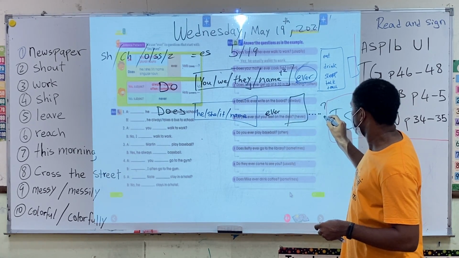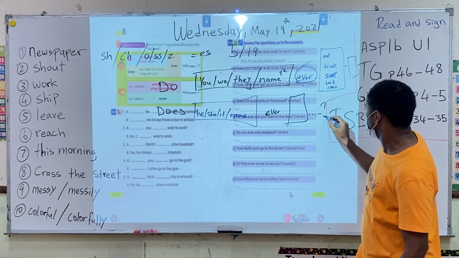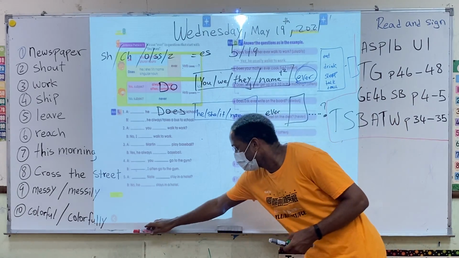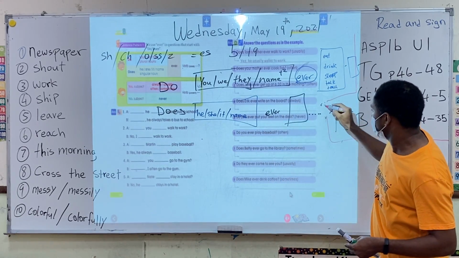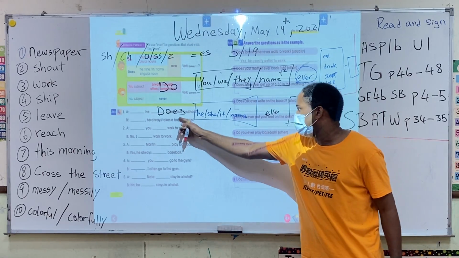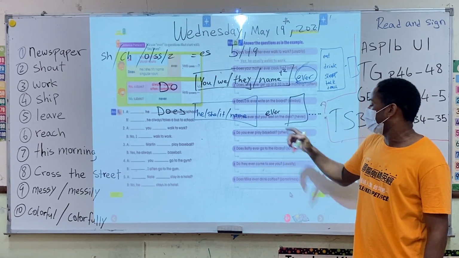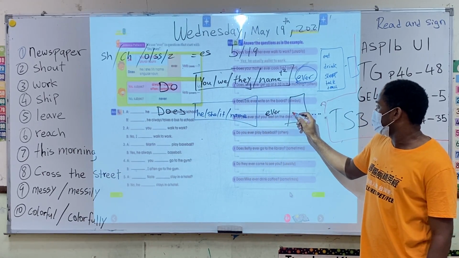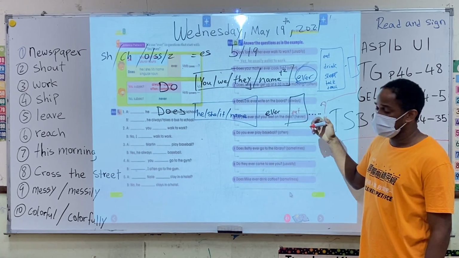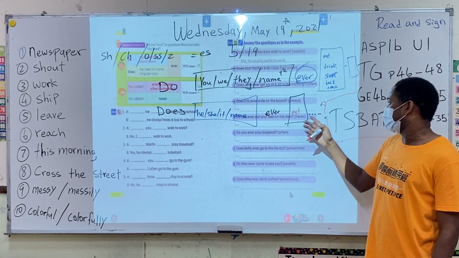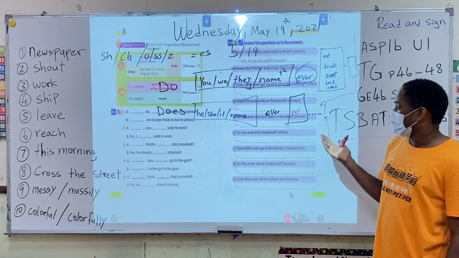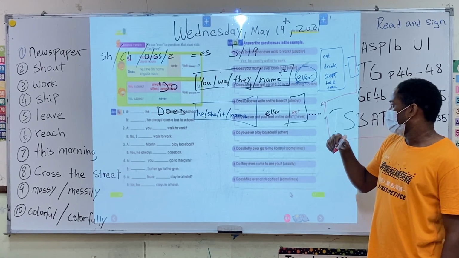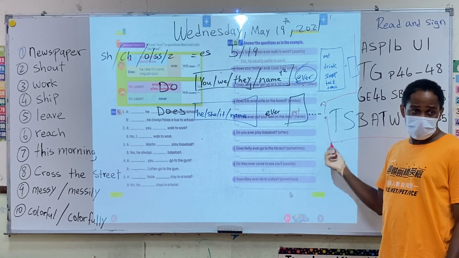And remember, it's a question, followed by a question mark. So does Ryan ever eat, or does he ever sleep, or does he ever eat in class? Or you can say, does he ever play basketball on weekends?